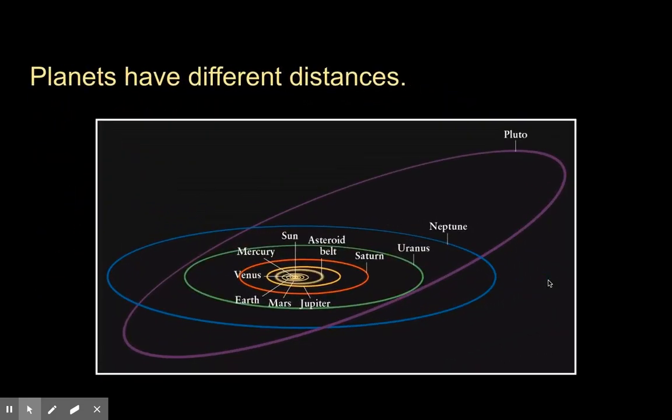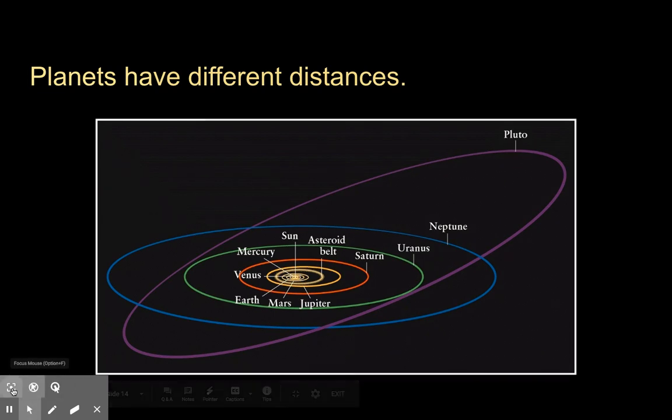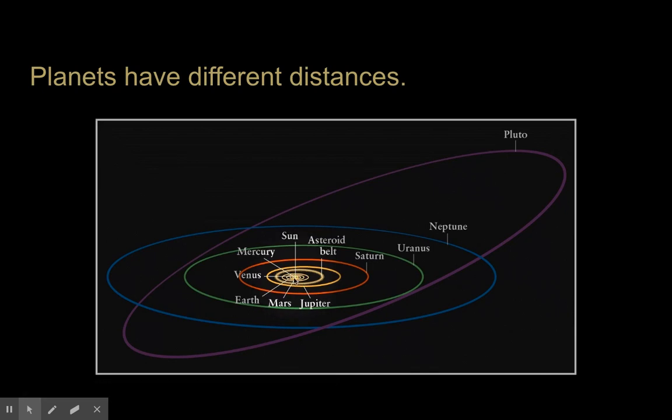All right, so if you look here, you can see this is a little bit better indicator of the distances of the planets from the sun. If you look here in the middle of this image, let me get this highlighting thingy on again. There we go. Right here in the middle, Earth, Mercury, Venus, the Sun, Mars, Jupiter are all contained in these yellow orbital areas.